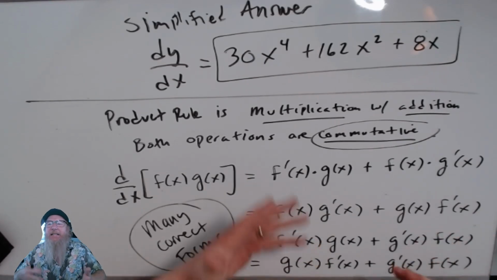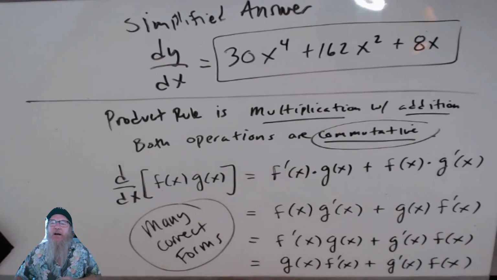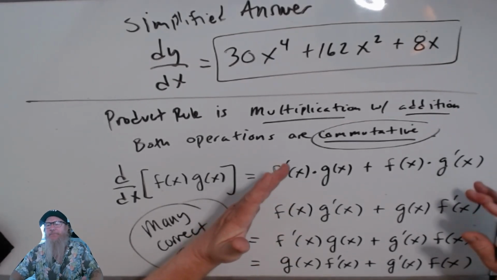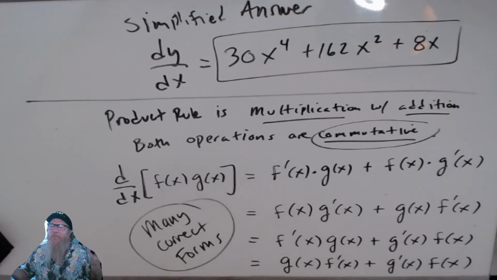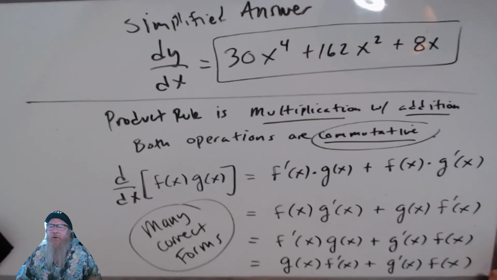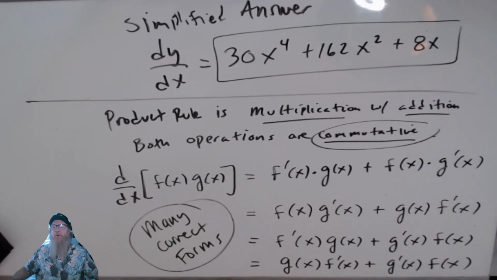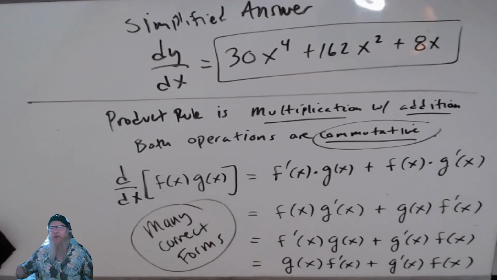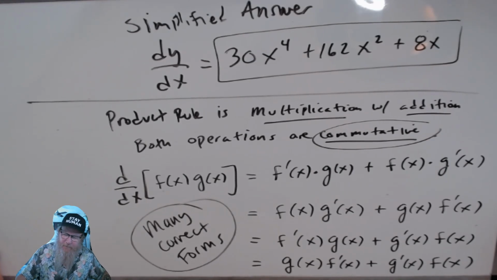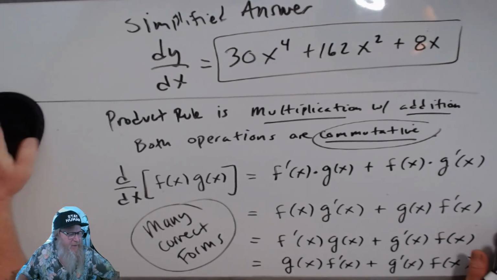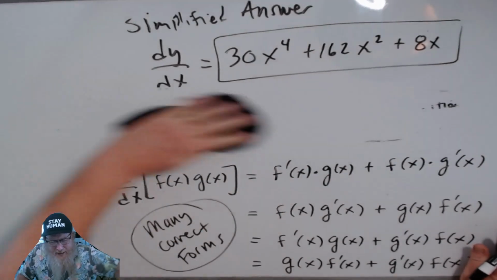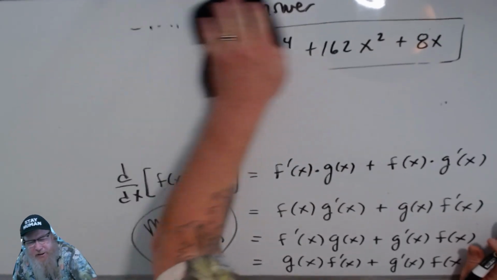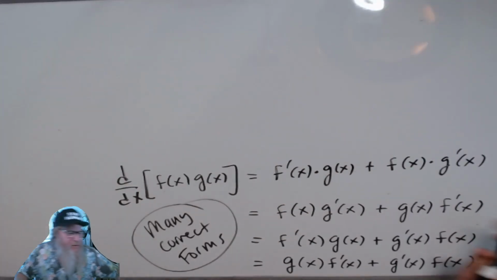So there are many different arrangements of the product rule that'll all be correct. Okay, so I don't require you to memorize every single correct form. I've run out of board space here, but I could probably write it 3 or 4 different ways and still be correct. Okay, so I just want to keep that in mind. I might occasionally change the order in which I do it and still get the same result.